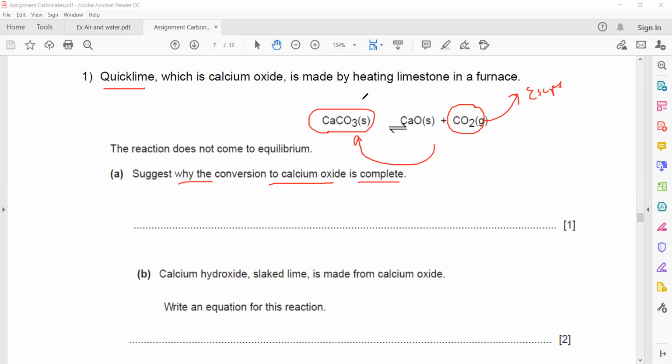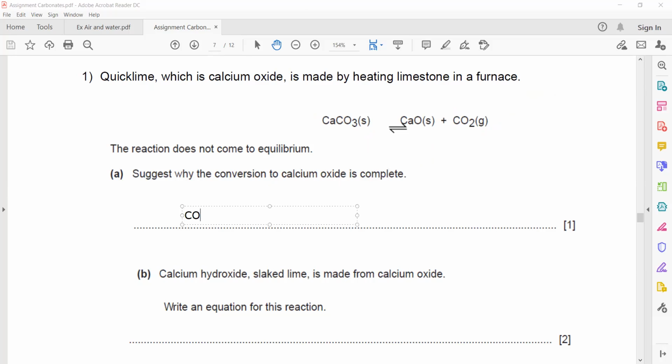That is why the reversible reaction will not occur. So you will mention the carbon dioxide will escape, so the reversible reaction cannot occur.